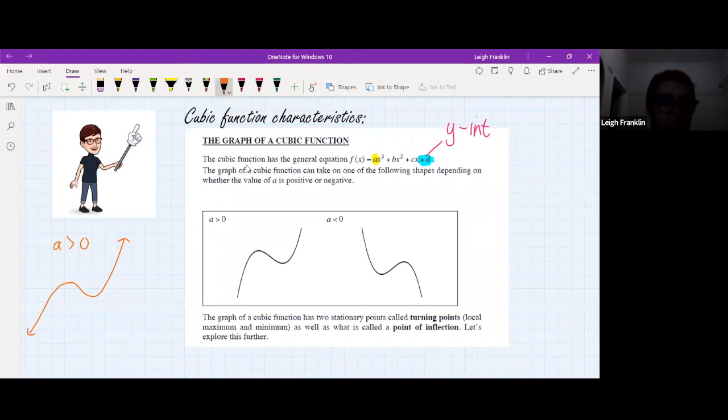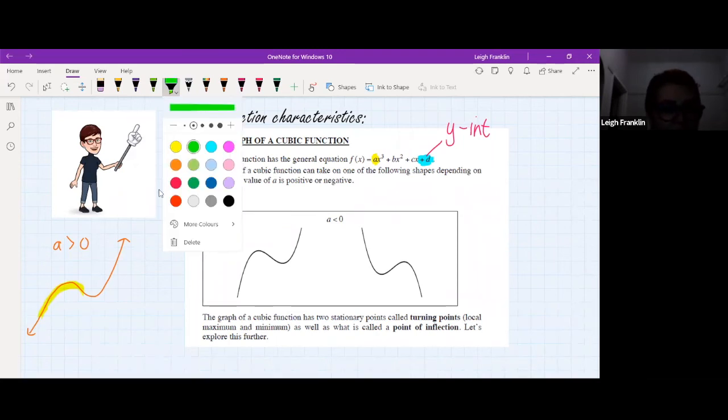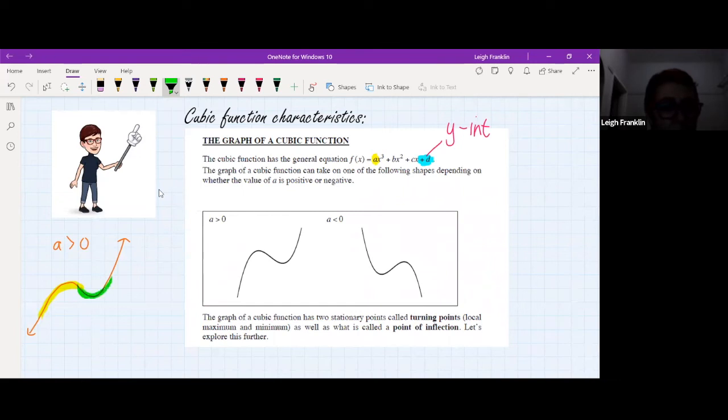When I say concave down, this bit over here is concave down. Then the graph changes and it now becomes concave up. So the yellow bit over here is what we refer to as concave down, and the green bit, when the concavity changes, now it is concave up.